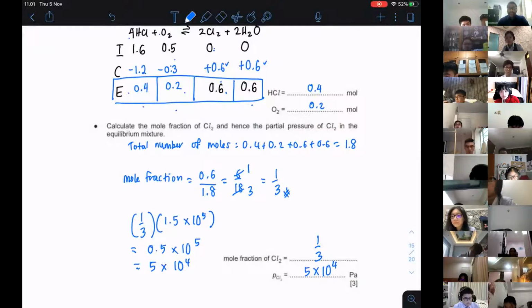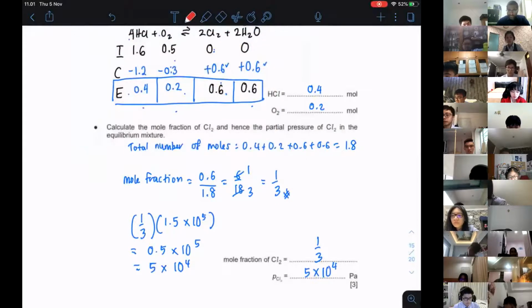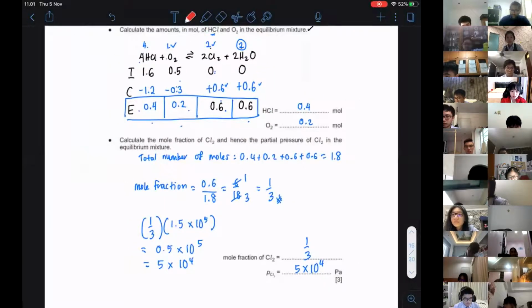But I just want to ask you one question. Later I will show you a question related to this. Now, we know that Cl2 is a different molecule compared to water. And we know that they follow the same changes, 0.6 and 0.6 over here. Why? Because of the same ratio, the 2 and 2.